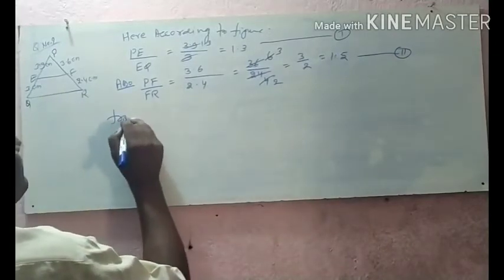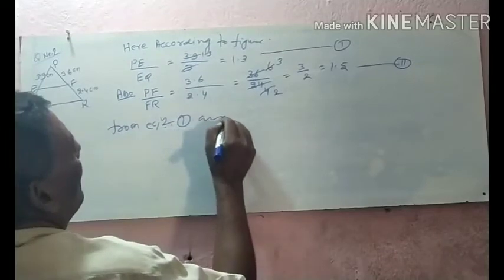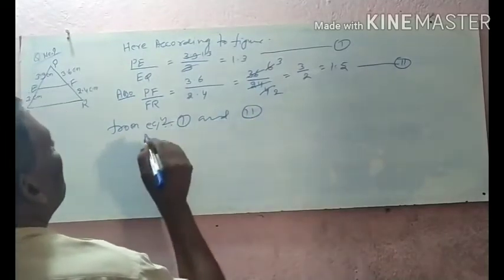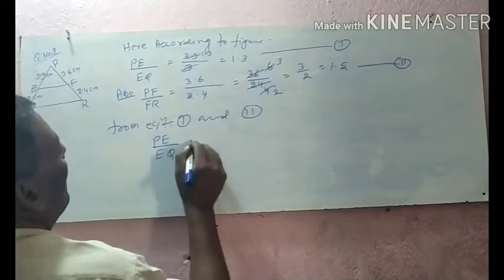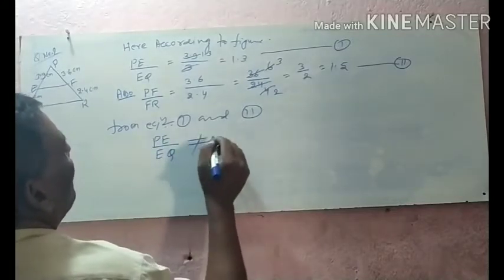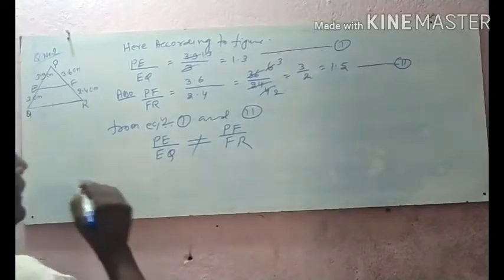From equation first and second, PE by EQ is not equal to PF by FR.